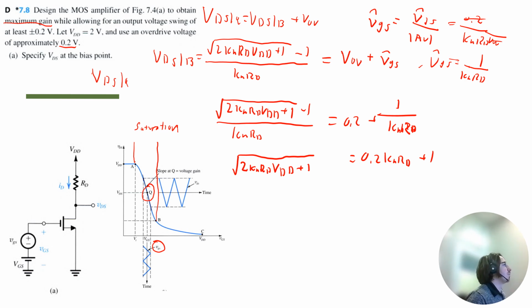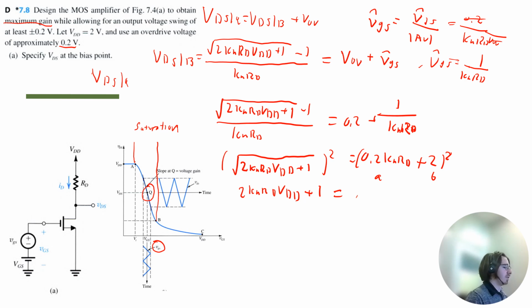I'm going to erase that for room. Okay, so we added 1, so now we have plus 2, right? Now we're going to square both sides to get rid of the square root. On the left side, we have 2 Kn Rd VDD plus 1 equals, if this is a and this is b, we would have a squared.